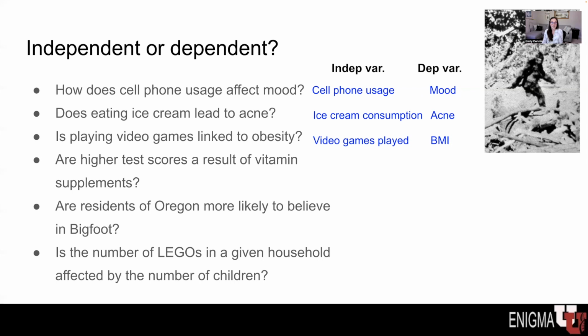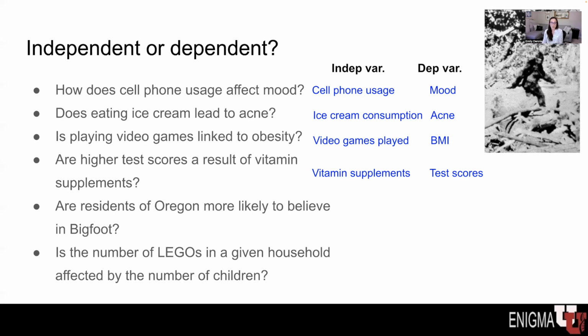Are higher test scores a result of vitamin supplements? In this example, vitamin supplements are the independent variable and test scores are the dependent variable. And just a note here, the phrasing is problematic. "A result of" suggests a causative relationship between two variables, when most of the time we deal with correlations.